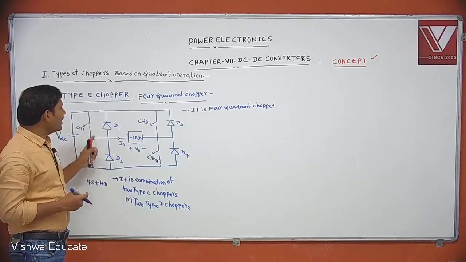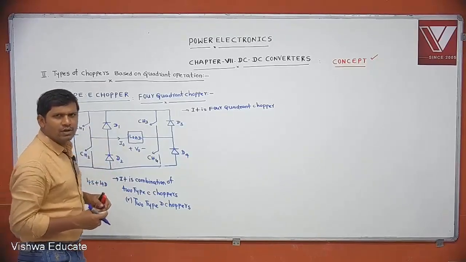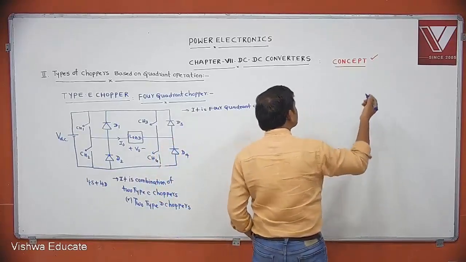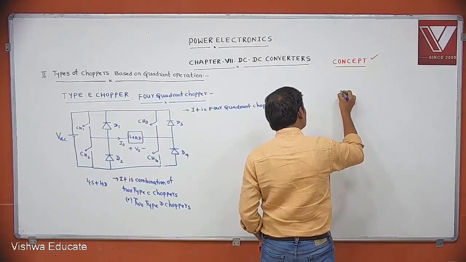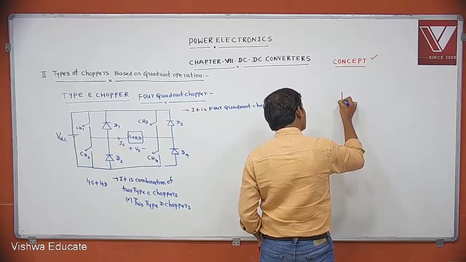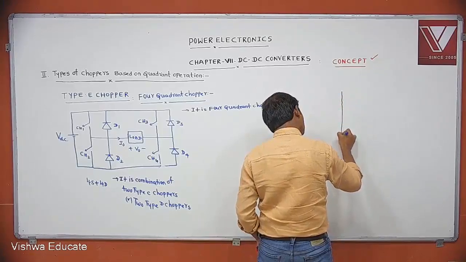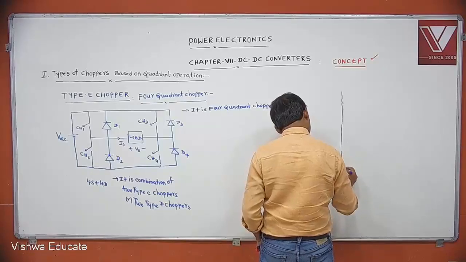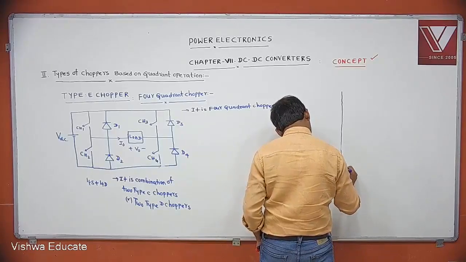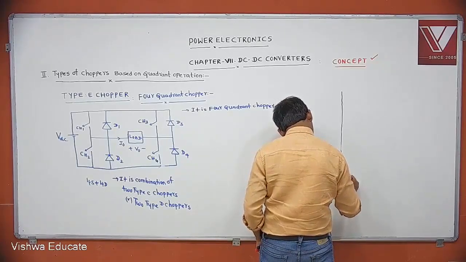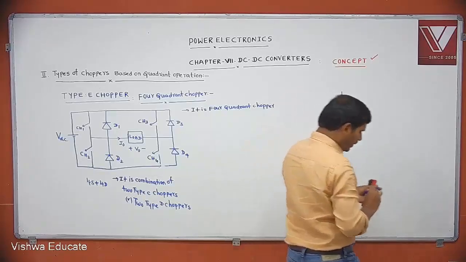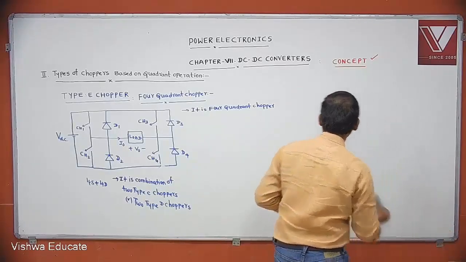Now we'll see how this chopper operates in the four quadrants. All of you note down the four quadrant operation of type E chopper.